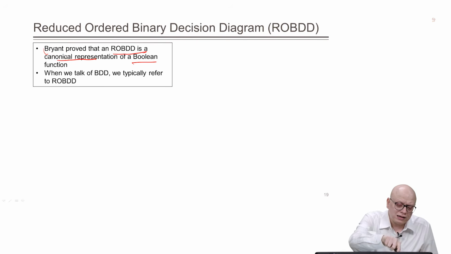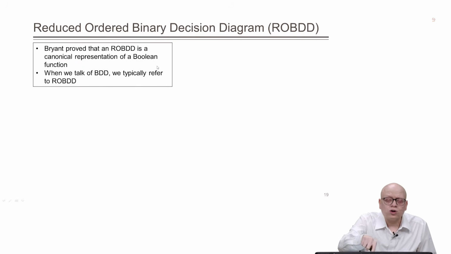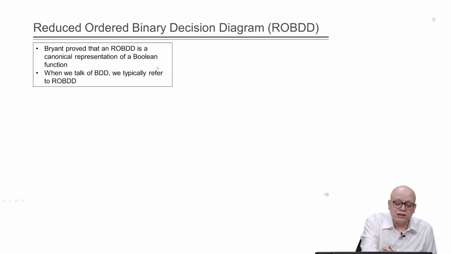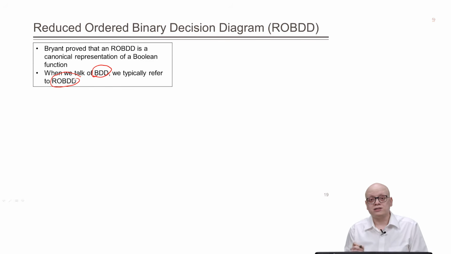And in typical literature, when we talk of BDD, we actually refer to ROBDD, reduced ordered binary decision diagram, because ROBDDs are really useful: they are canonical, and for many useful Boolean functions, they are compact.